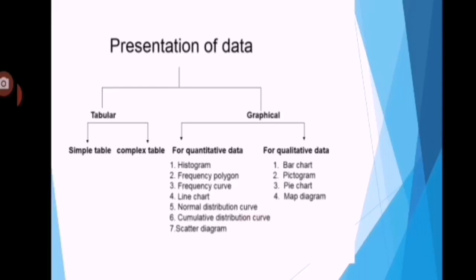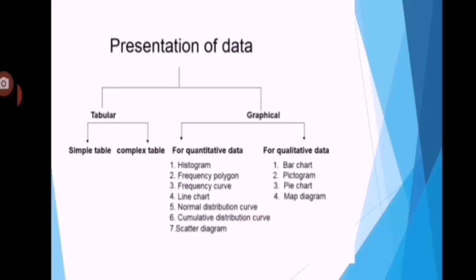Now we shall see for which type of data, what type of graphical presentation should be done. The quantitative data can be represented by, one, histogram, second, frequency polygon, third, frequency curve, fourth, line chart, fifth, normal distribution curve, sixth, cumulative distribution curve, and seventh, scatter diagram.